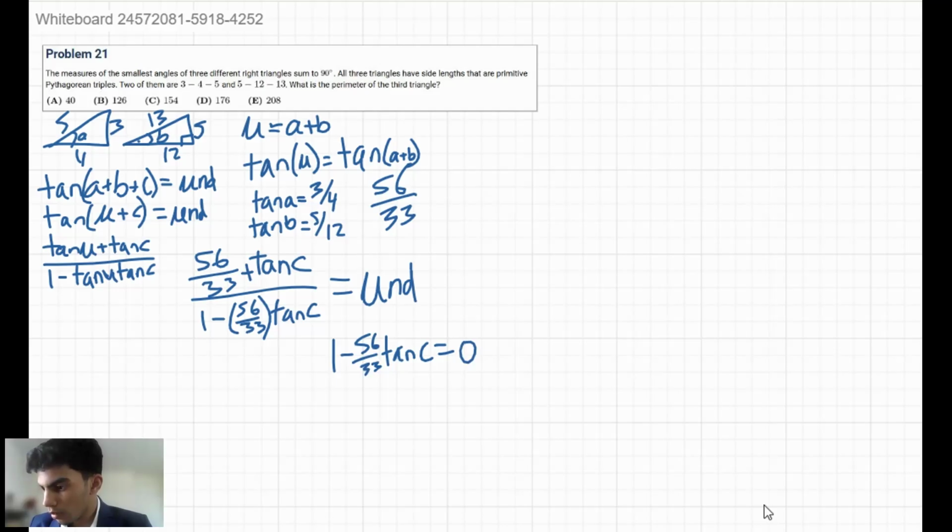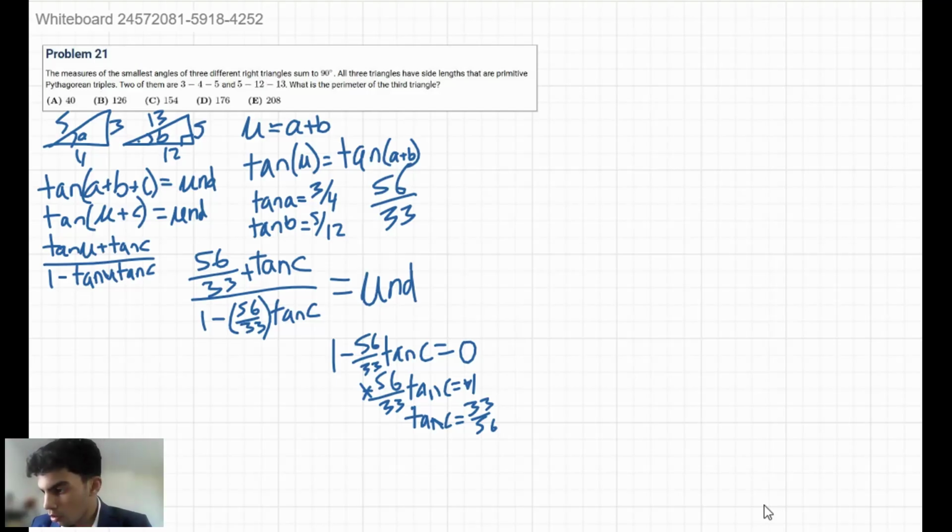That means that negative 56 on 33 tan C equals negative 1. You can obviously cancel the negatives, and then we can multiply by 33 on 56 on both sides. So this would be tan C equals 33 on 56.